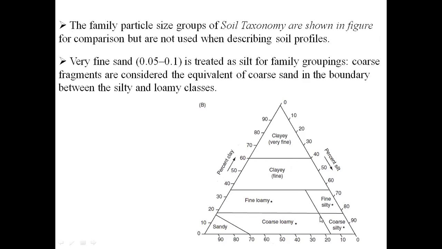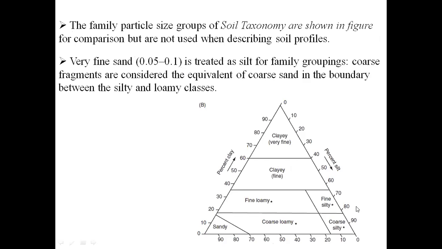Very different. And also, students, in this taxonomical classification of family, sand around 0.05 to 0.1 mm is treated as very fine sand. That is treated as silt for the family groupings. If you are going for any taxonomic classification of particular soils or areas, we use this type of triangle.